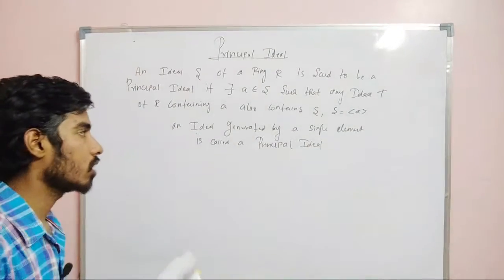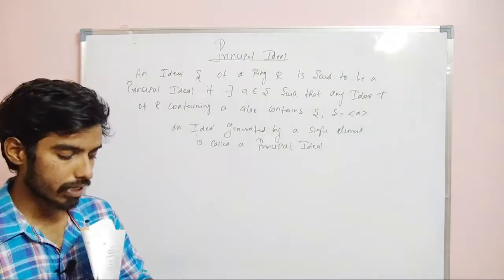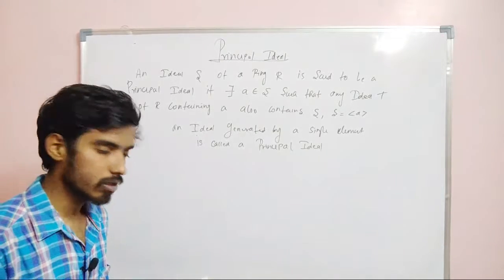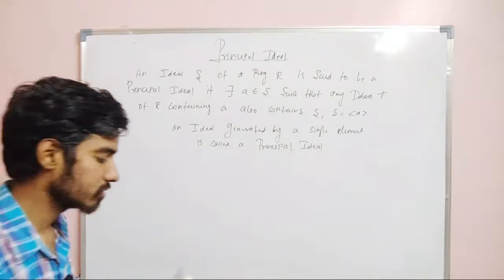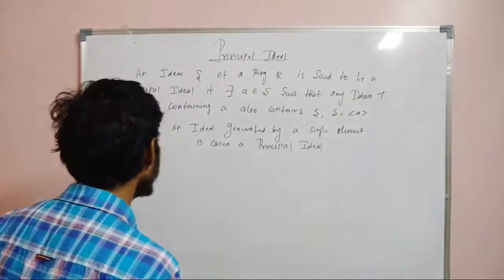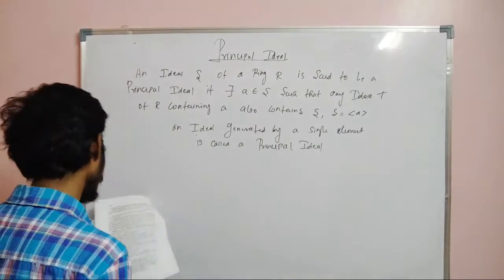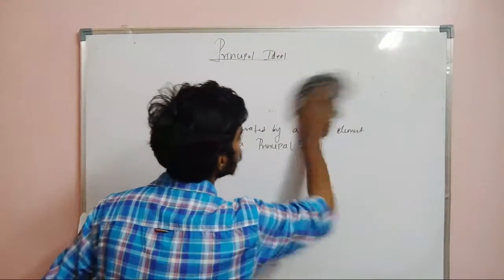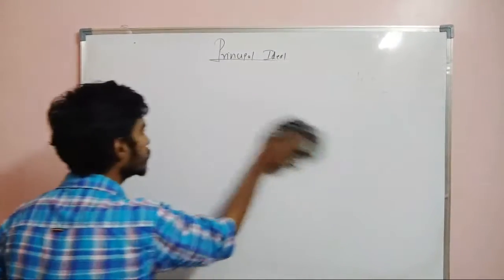So first you verify that it is an ideal. For an ideal, S has to be a subgroup with respect to addition, and it has to be a two-sided ideal, that is, rs and sr both should be in S for every r in R and every s in S. So if that set can be generated by a single element, then the ideal will be called a principal ideal.